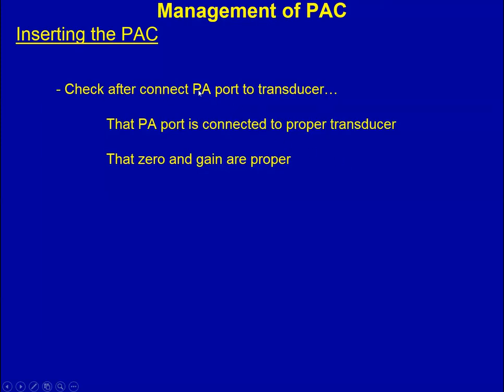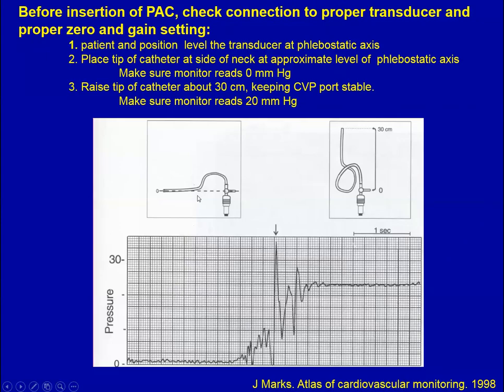You then check the PA port to the transducer and check that it is connected to the proper transducer and that the zero and gain are proper. One way of doing this is to place the tip of the catheter at the level of the mid-axillary line next to the neck. It should read about 0, and then raise the tip about 30 centimeters, and it should read about 20 millimeters of mercury.